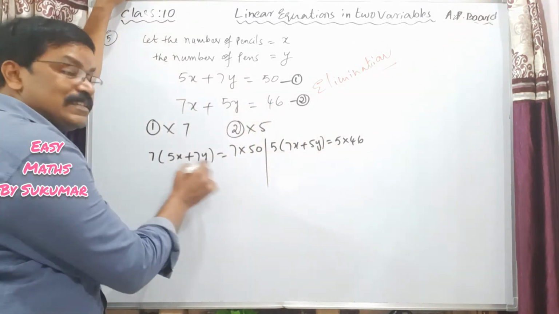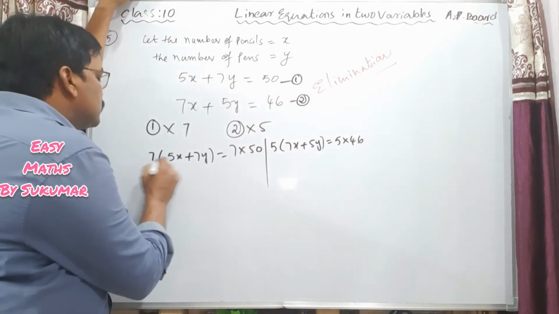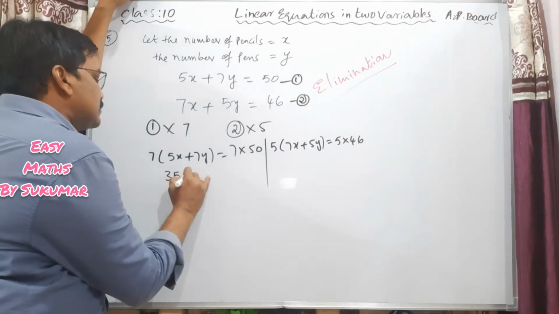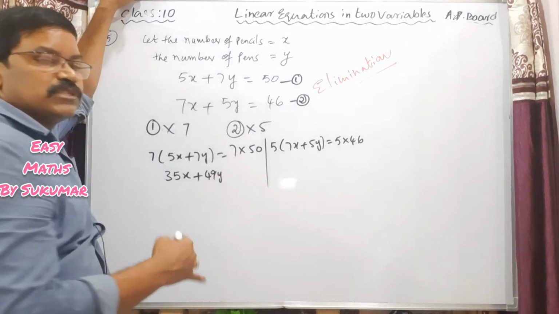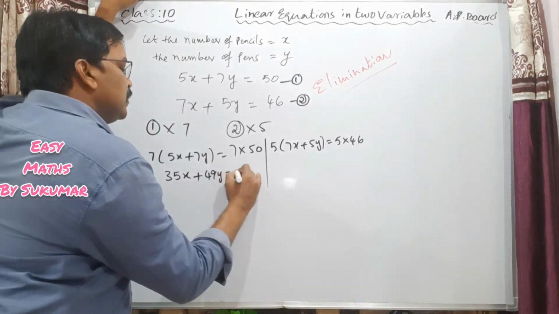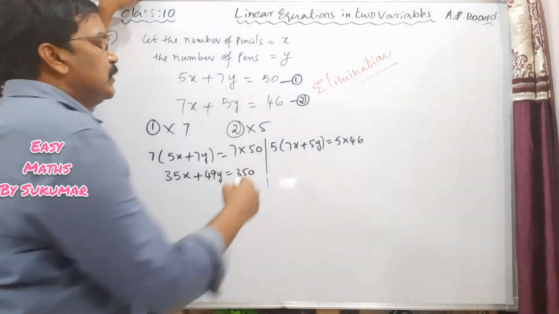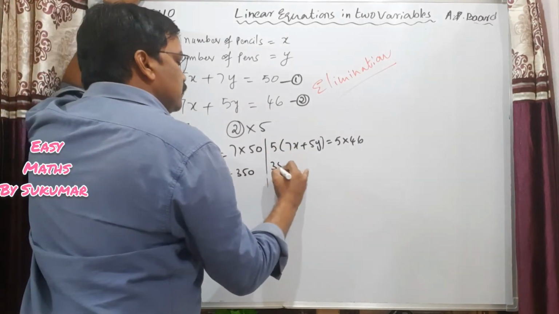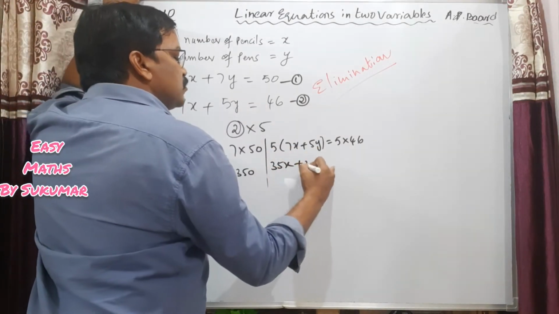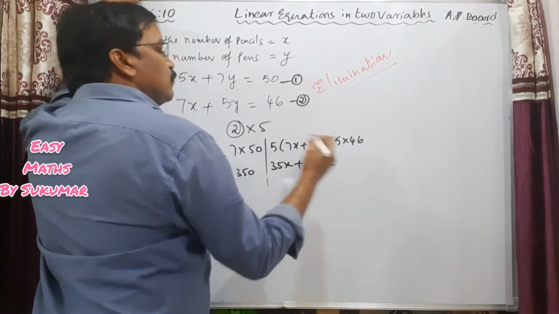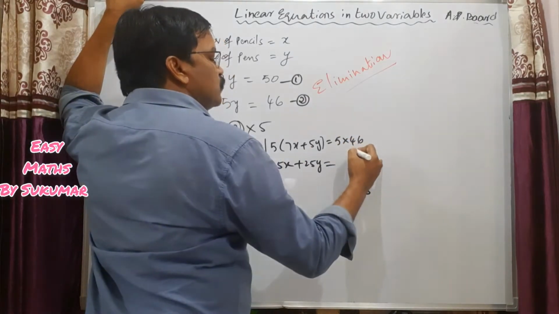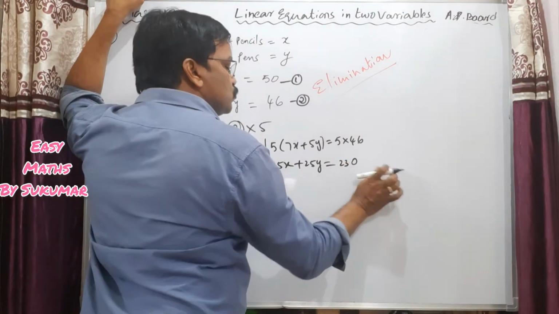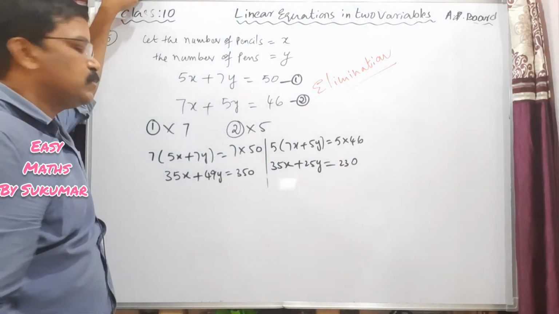Now let us multiply. 7 5s are 35x plus 7 7s are 49y is equal to 7 50s are 350. Here also, 5 7s are 35x, 5 5s are 25y, equal to 5 46s, which is 230.